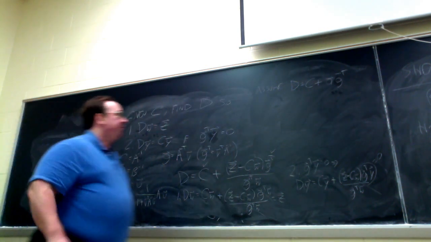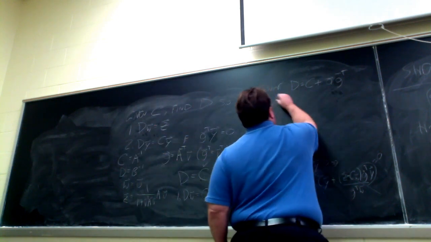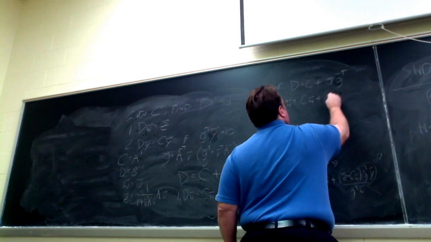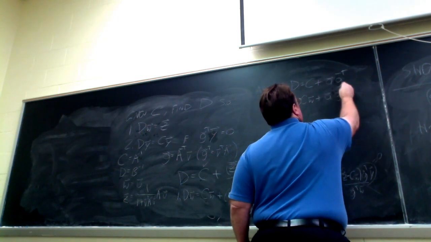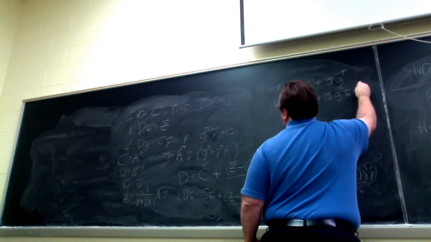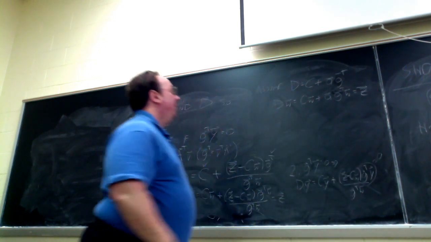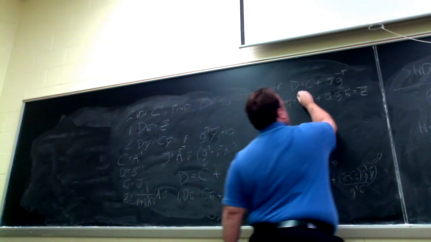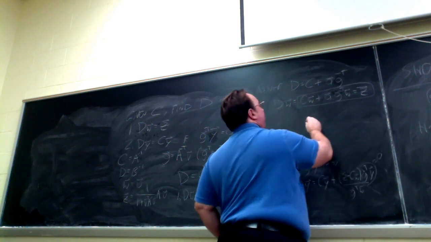So then I go ahead and multiply both sides by W. And this is supposed to be equal to Z. Okay. So now I have this equation to solve for.